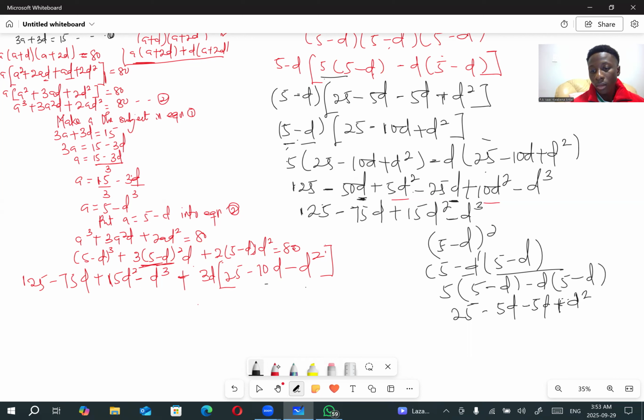So you are getting 25 minus, that'll be 10d, right? Minus 5d, minus 5d. If you put it on the calculator, it's 25 minus 10d plus d squared. Yes, so that's what I did. Oh man, why am I making errors? It should have been plus. I'm sorry. 25 minus 10d plus d squared.